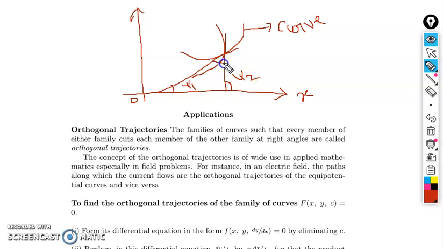The angle between these two tangents is exactly 90 degrees.